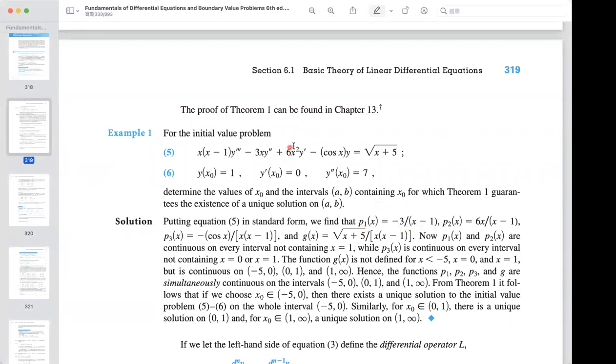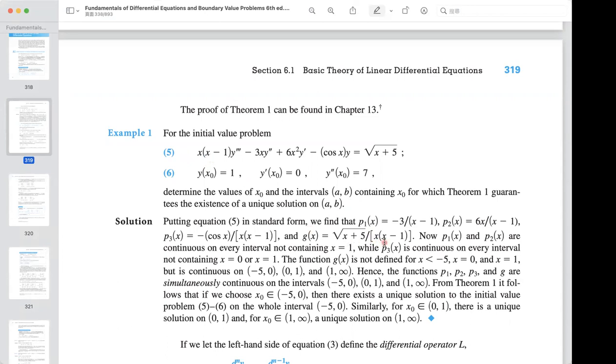P2(x) is 6x squared divided by x times (x minus 1), so it becomes 6x divided by (x minus 1). The same, P3(x) will be minus cosine x divided by x times (x minus 1). The same, g(x) will be square root of (x plus 5) divided by x times (x minus 1) here.